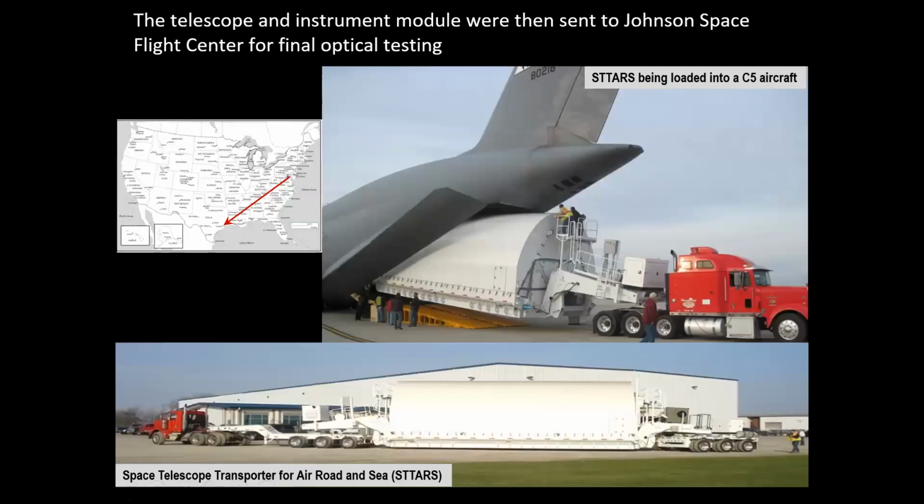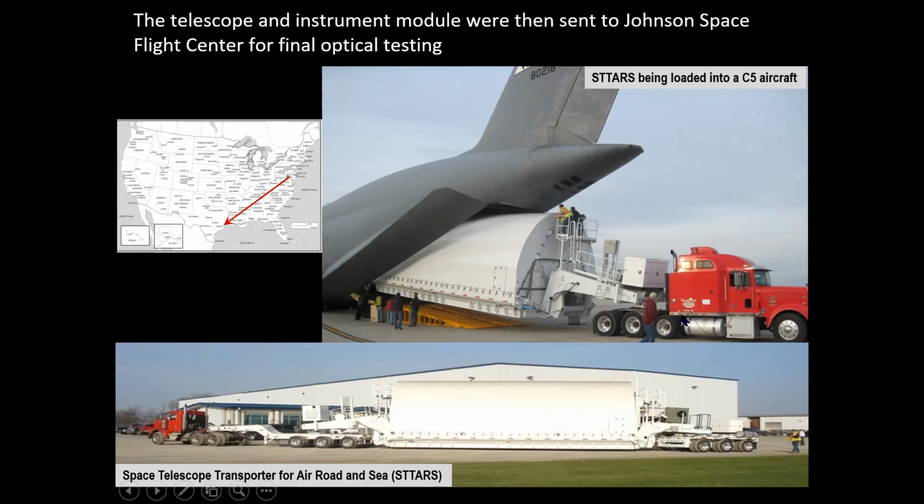Now, after we got that, the science instruments integrated to the telescope at Goddard Space Flight Center, then we had to put the whole thing into a specially designed truck-mounted shipping container to allow us to transport it, but at the same time maintain the high cleanliness special environment that the Webb needs to remain qualified to fly in space.